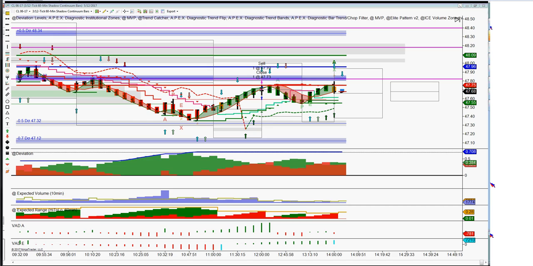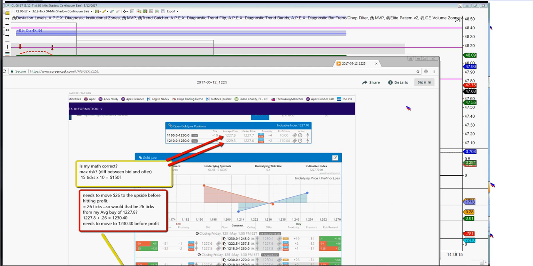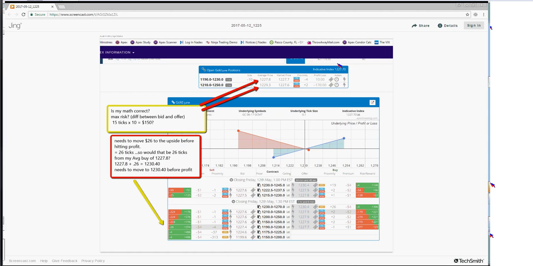Can you take a look at my hedge and tell me if I have my math correct? Let's see here. One morning this coming week, we got to do some futures trades and hedging with spreads. That was sort of my goal this morning. We just didn't quite get to it.